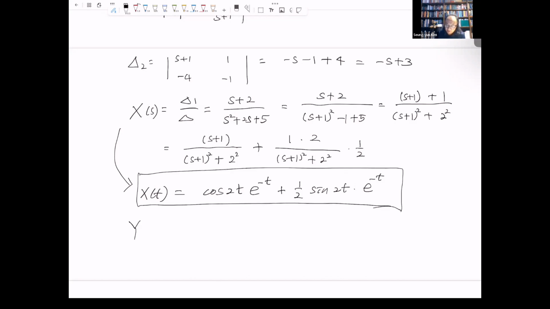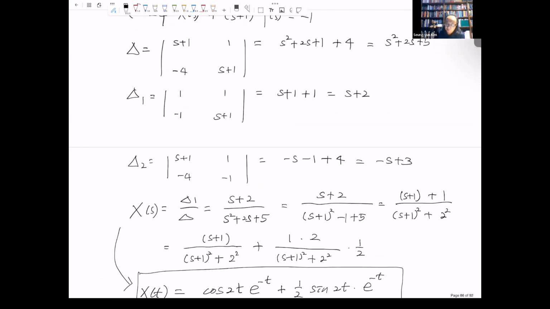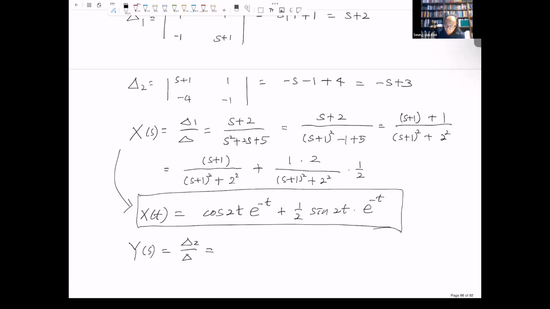And y of s equals delta 2 over delta, negative s plus 3 over s squared plus 2s plus 5. So we're going to separate that again. So the denominator, we're going to have s plus 1 squared plus 2 squared.